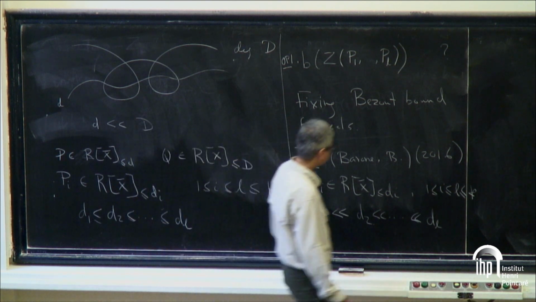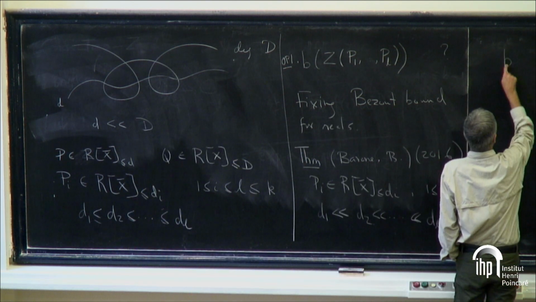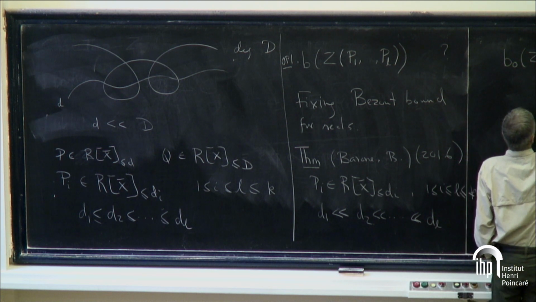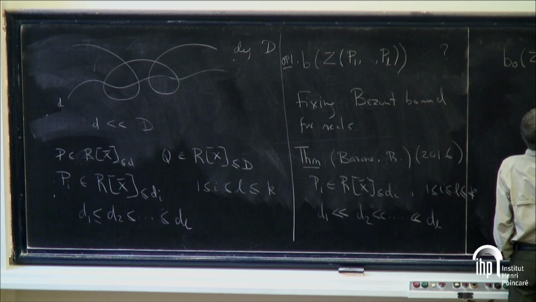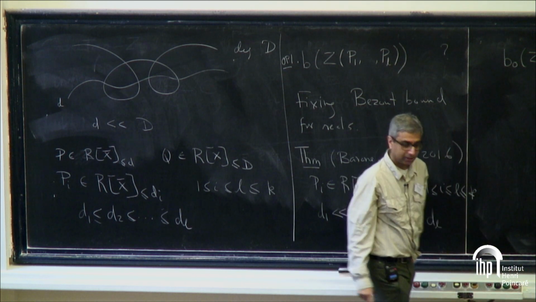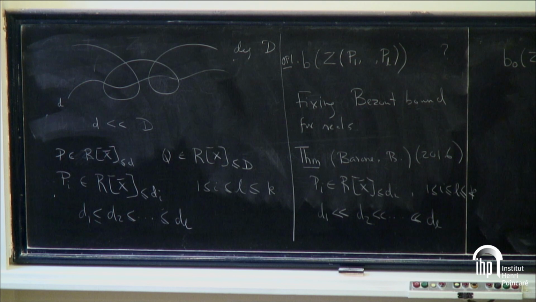Then under this assumption, the zeroth Betti number, the number of connected components of the zeros of these polynomials, is bounded by the quantity d1 raised to k minus k1, and so on. I've not said what these k1, k2 are. I'll say it in a moment.